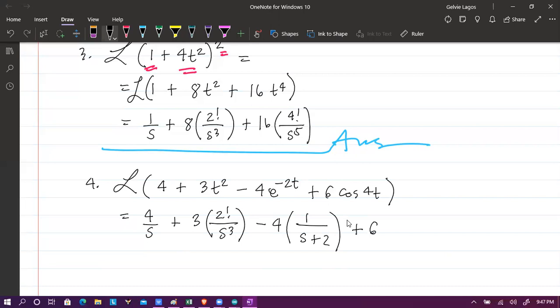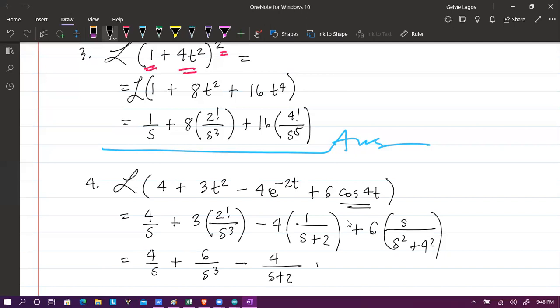Take note of the Laplace transform of cosine. This is s all over s squared plus 4 squared. Okay, you can simplify this, and that will be your final answer. Let's say 4 over s plus we have 6 over s cubed. We have minus 4 all over s plus 2. We have 6s all over s squared plus 16.